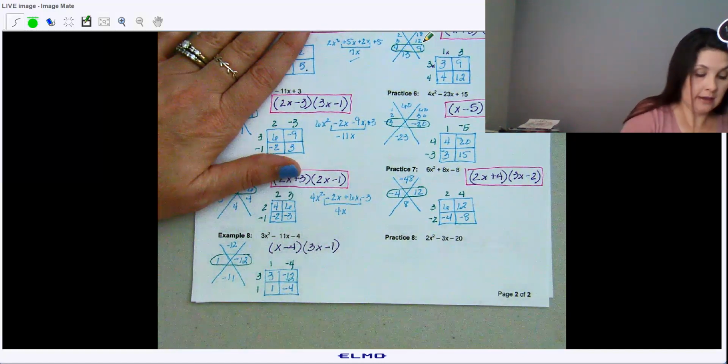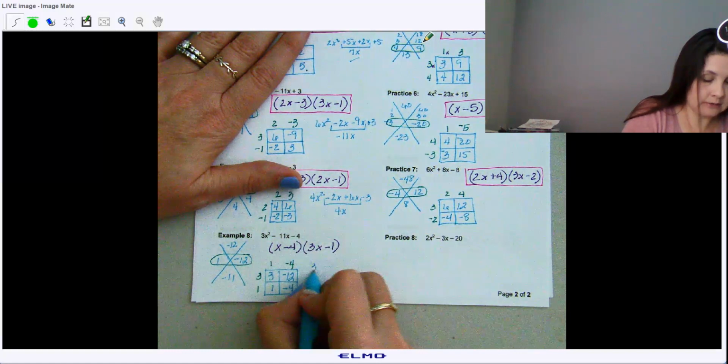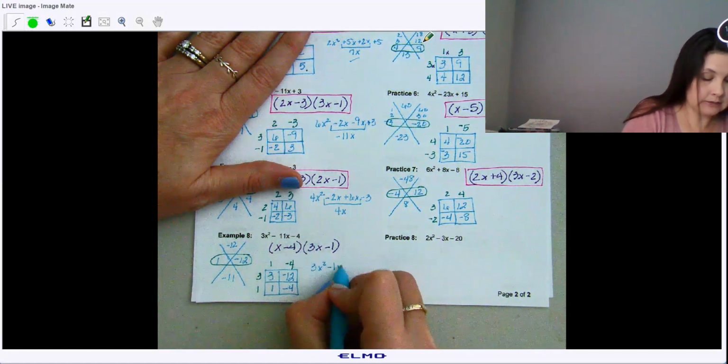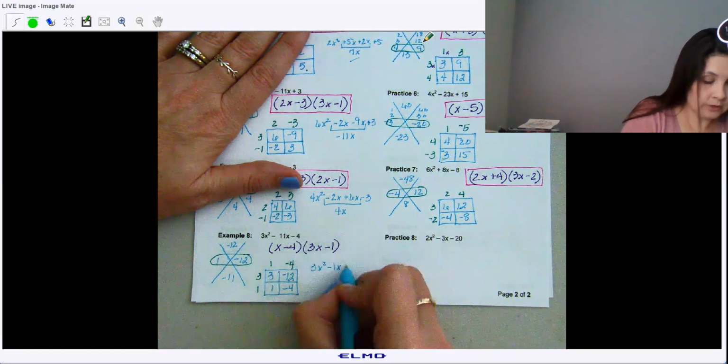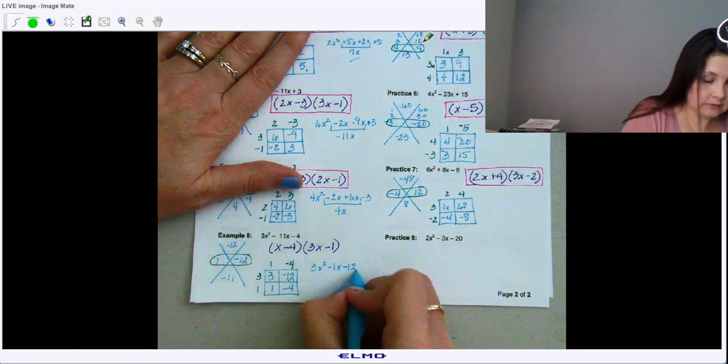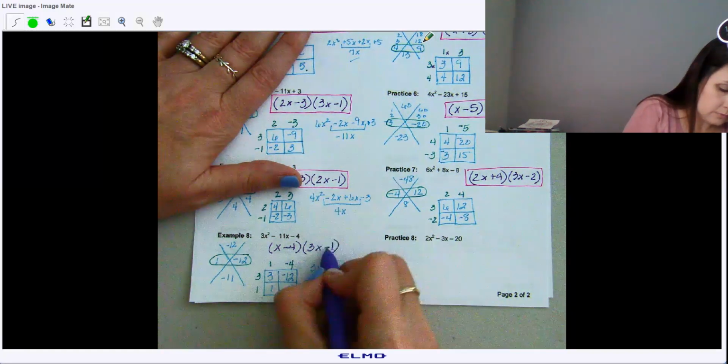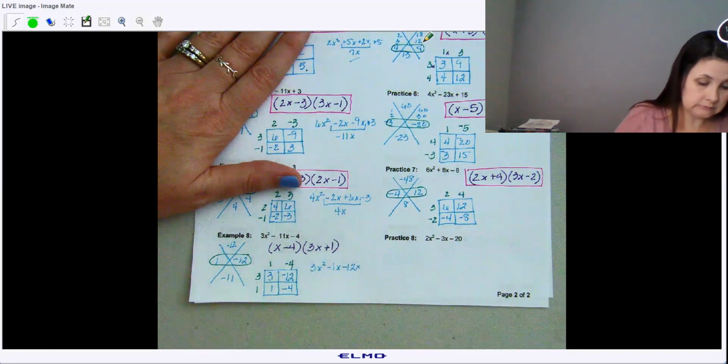So let's check that. x times 3x is 3x squared. x times a negative 1 is minus 1x. Negative 4 times 3x is negative 12x. Is that right? That's not going to work, is it? Oh, wait, this is positive. Sorry.